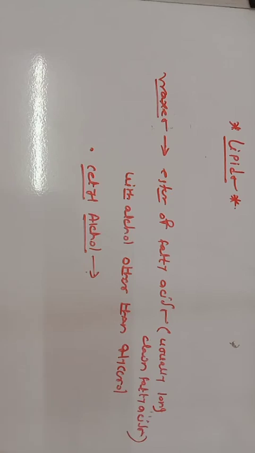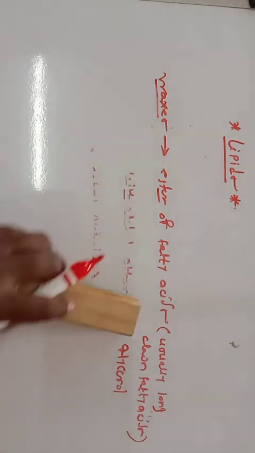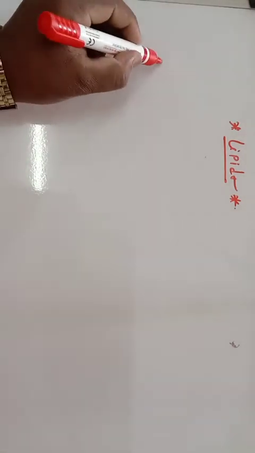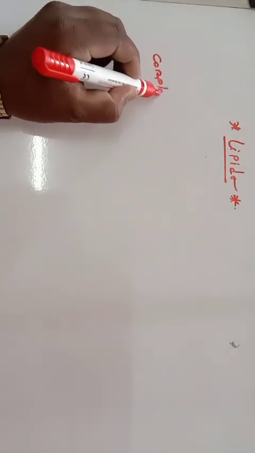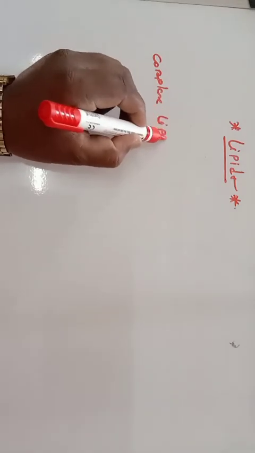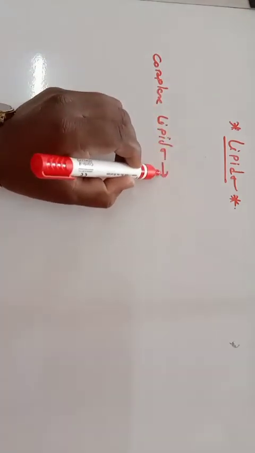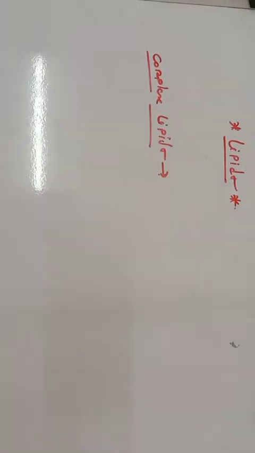So let us discuss the second type, that is the complex lipids. The complex lipids are also called compound lipids. These are the esters of fatty acids with alcohol containing additional groups such as phosphate, nitrogen bases, carbohydrates, and proteins.